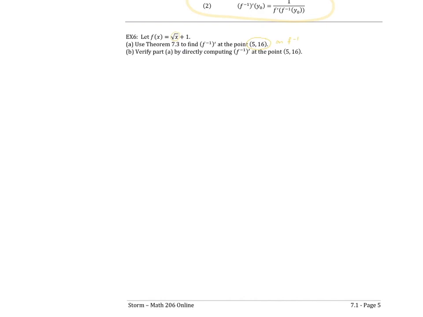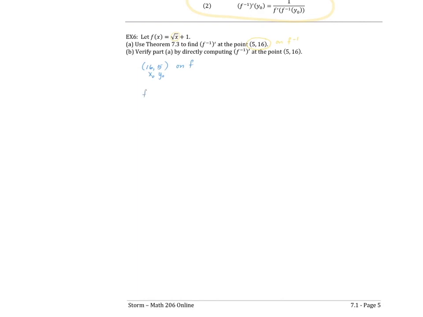Okay? So the point on f that corresponds to it would be the point (16, 5). That's the point on my function f. So this would be the x sub 0 and the y sub 0 in theorem 7.3. Okay.